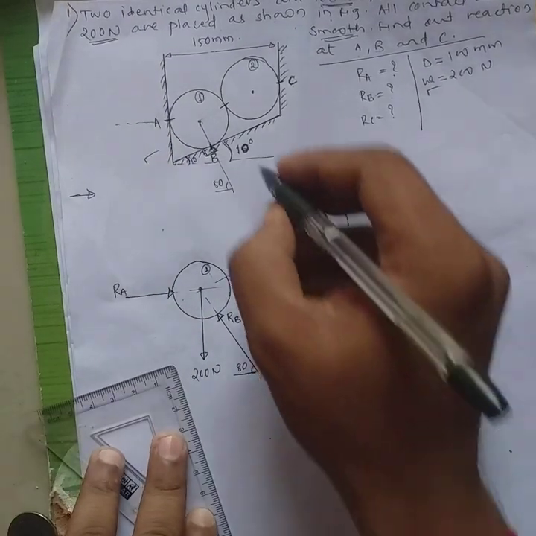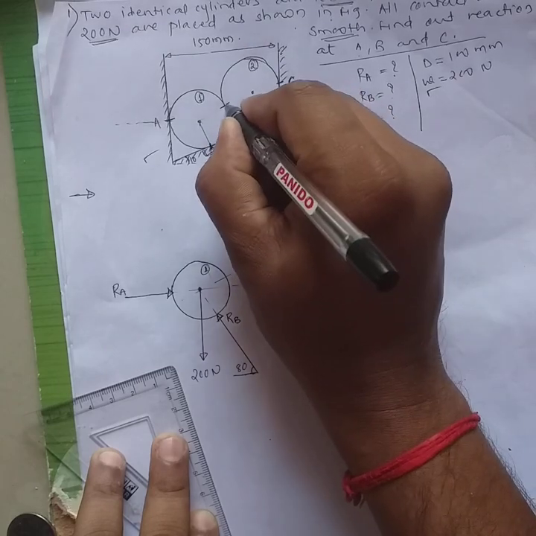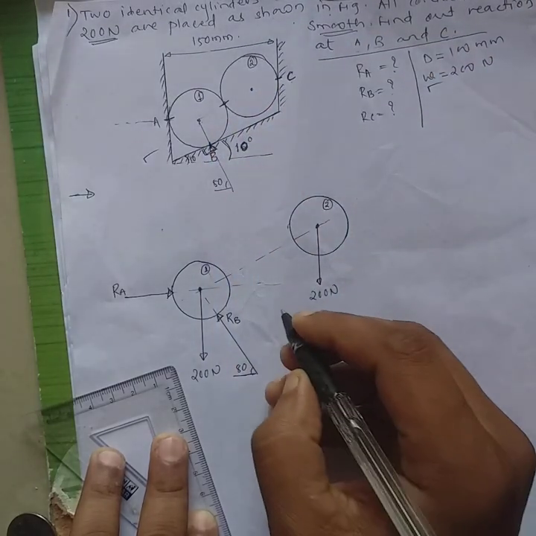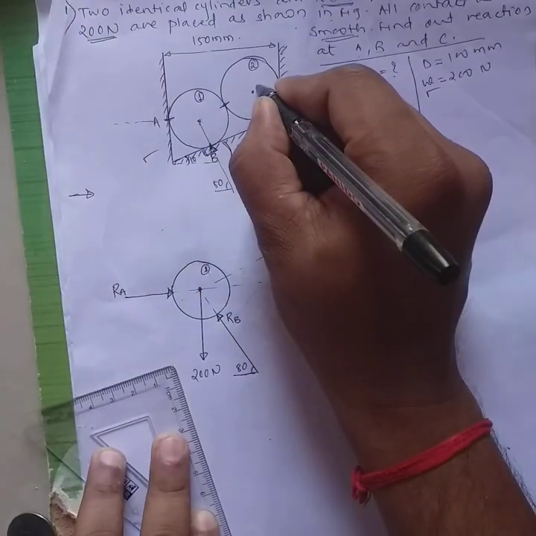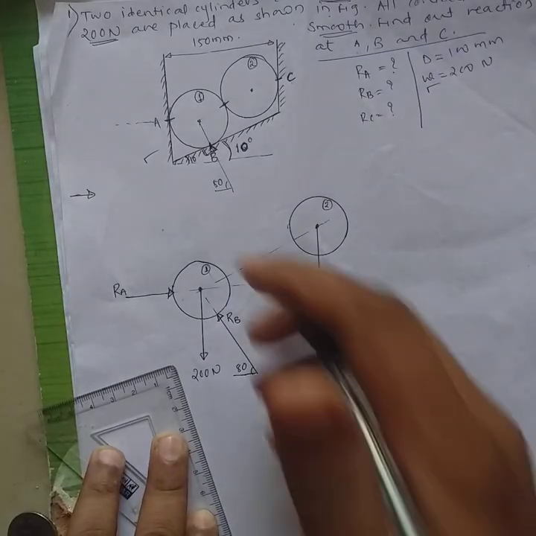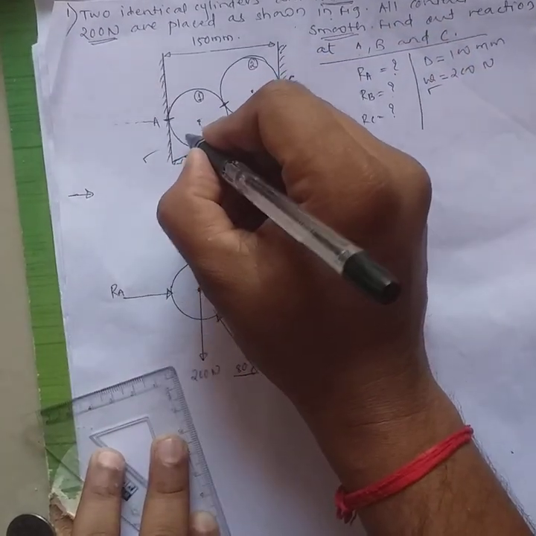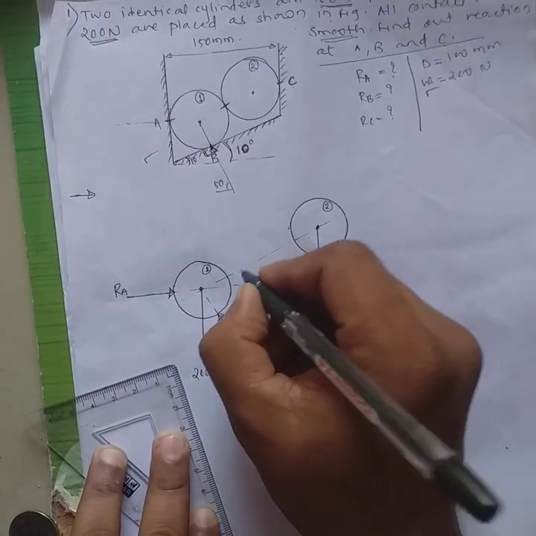Now these two cylinders are in contact with each other at this point. Whenever we draw the FBD, cylinder number 2 will have a reaction on cylinder 1 and cylinder 1 will have a reaction on cylinder number 2. So please check the direction.